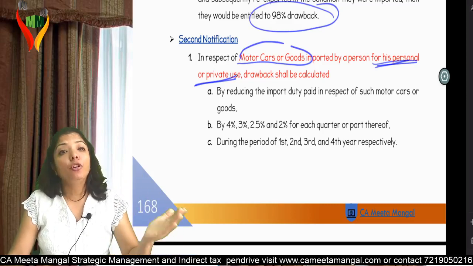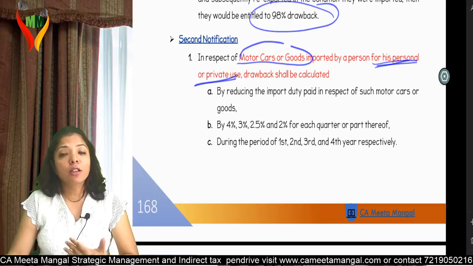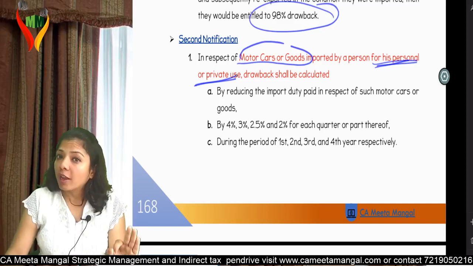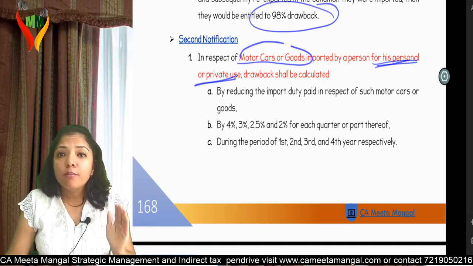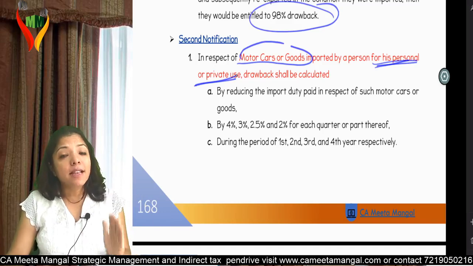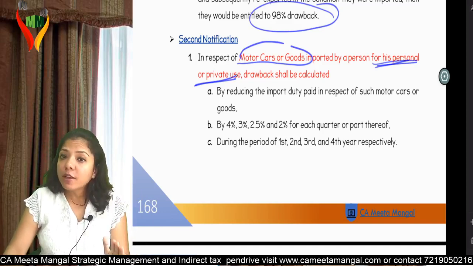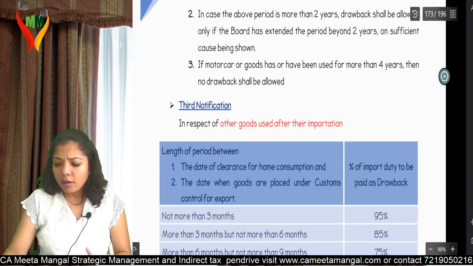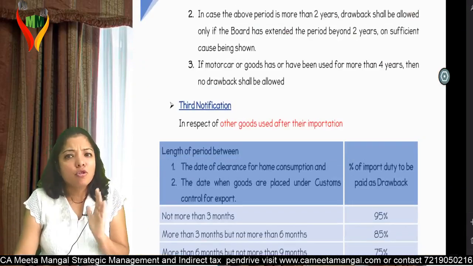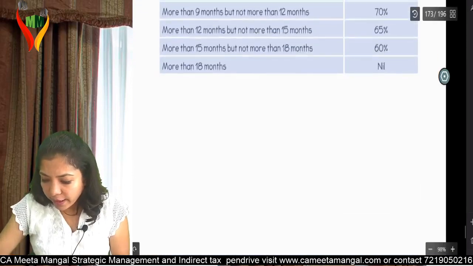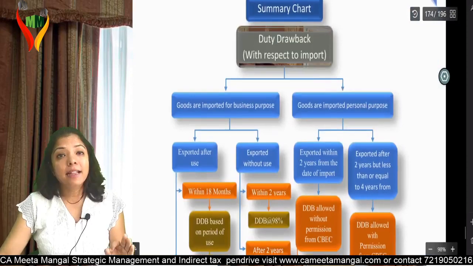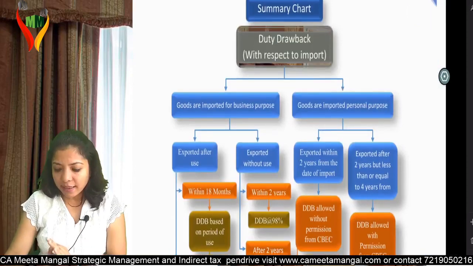If you're using for a business purpose, the drawback rate will vary. So the second notification is talking about personal purpose, and the third notification is talking about other goods, that means non-personal purpose. We'll be reading both of them, and then I have made a summary chart. We'll see that afterwards.